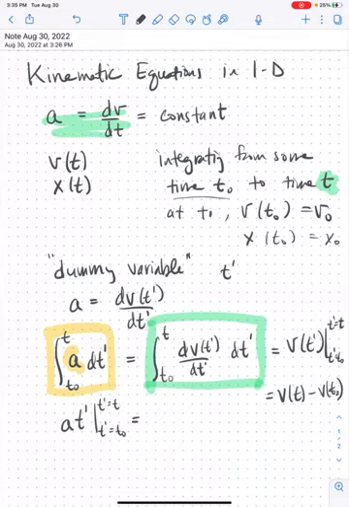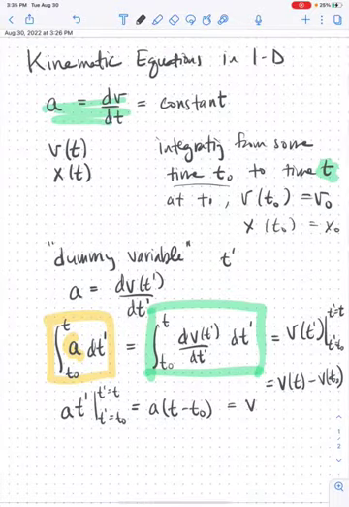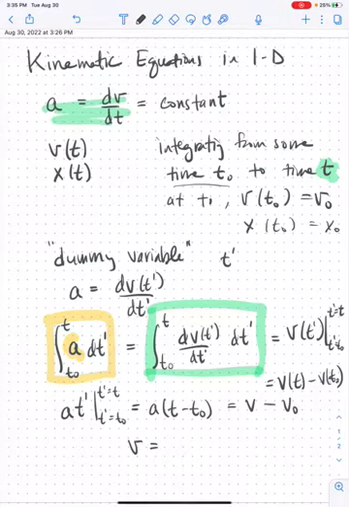So that's a times (t minus t0). And that equals, oops, v minus v naught. And then we're just going to rearrange, so v equals v naught plus a times (t minus t naught).